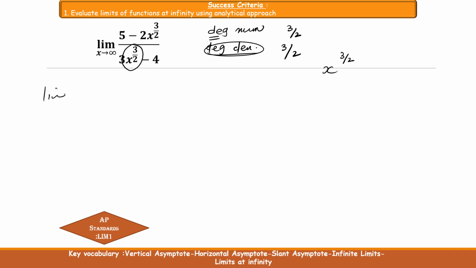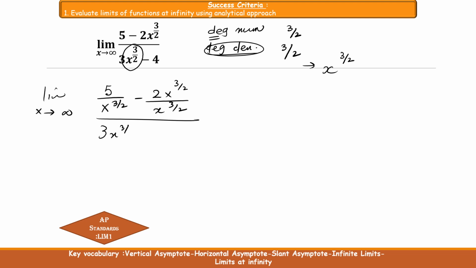What is the next step? You will divide everything by x to the power of 3 over 2. So 5 divided by x to the power of 3 over 2. 2x power 3 over 2 as it is. Then x power 3 over 2. Then 3x power 3 over 2 divided by x to the power of 3 over 2, minus 4 divided by x to the power of 3 over 2.